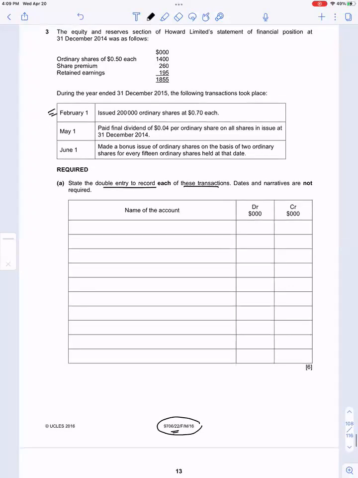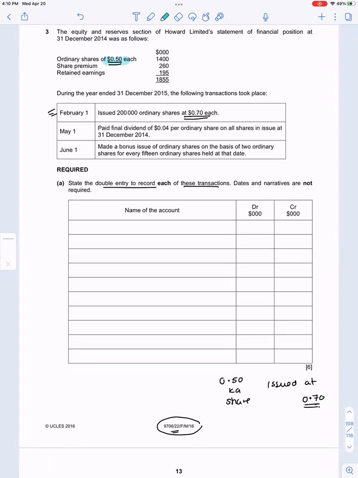You have issued 200,000 ordinary shares. You have issued it at 0.70 each. What is the face value of the shares? 0.5.